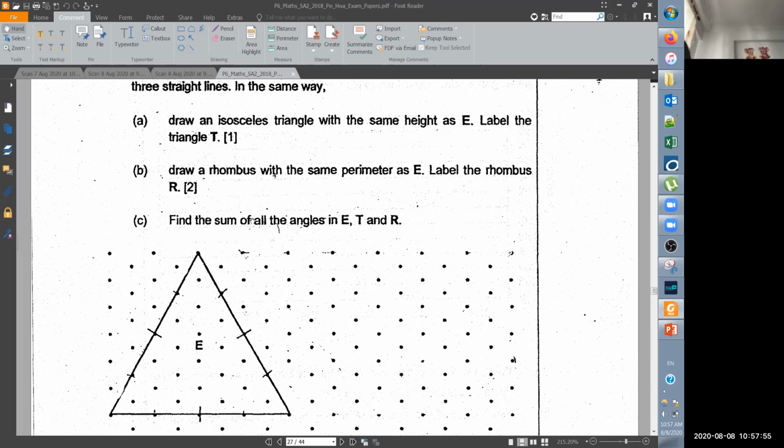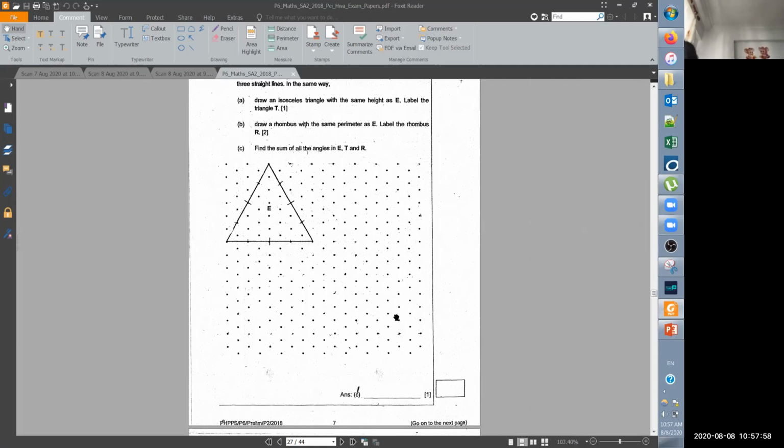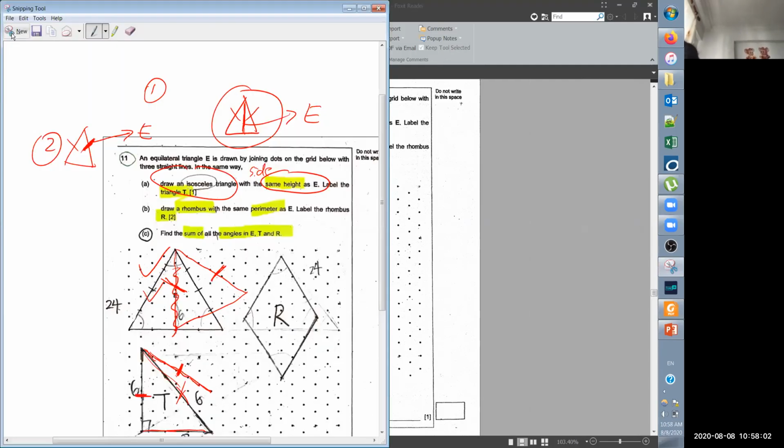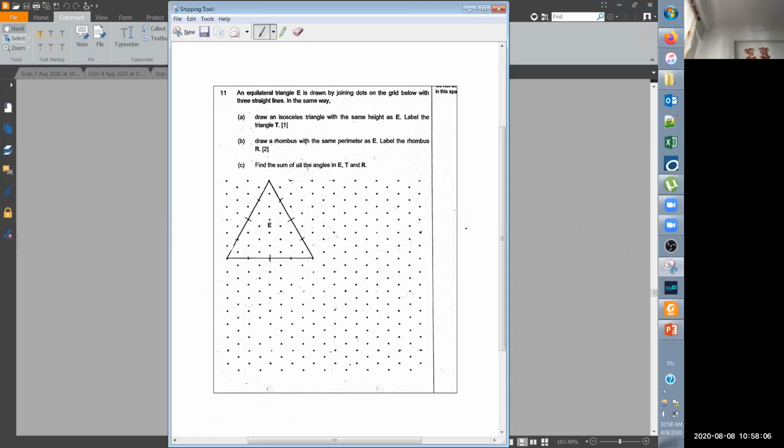OK，那我就把这个题弄出来，我们一起看。他这题的意思是，他说这个 E 是一个 equilateral triangle。然后他说你要画一个 isosceles triangle，这个 isosceles triangle 的 height 必须是等于 the height of this E。So let's say the height of this is 6 unit.